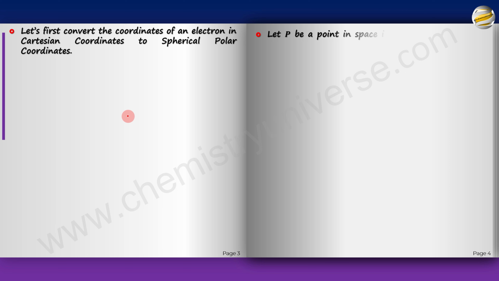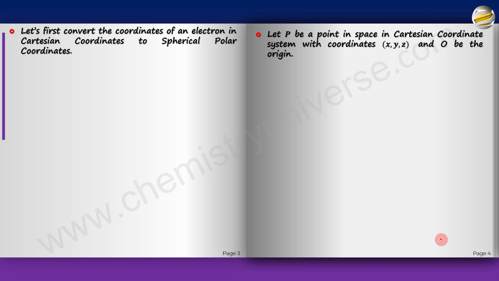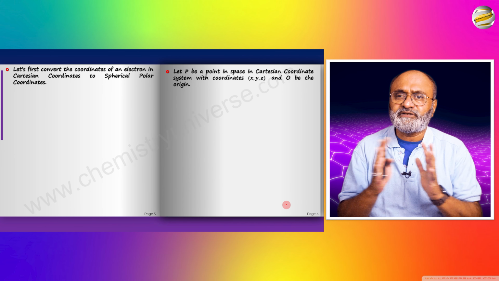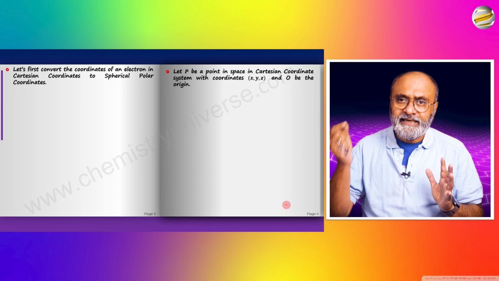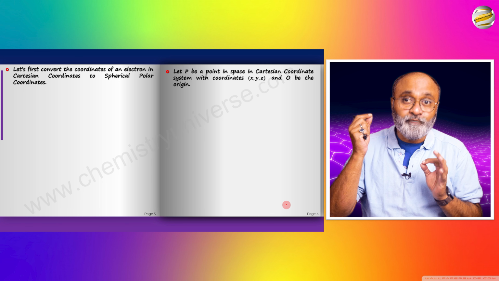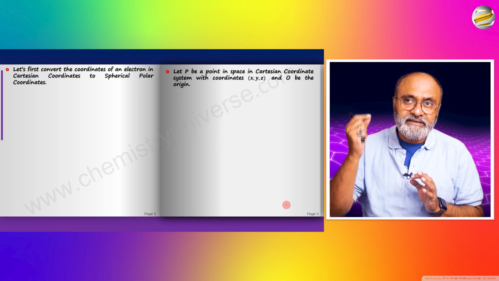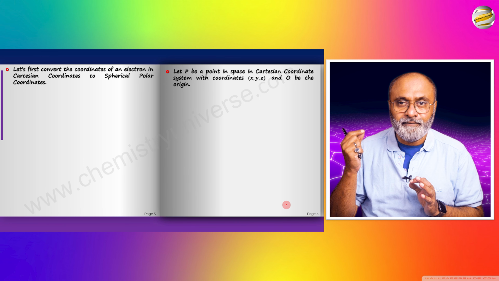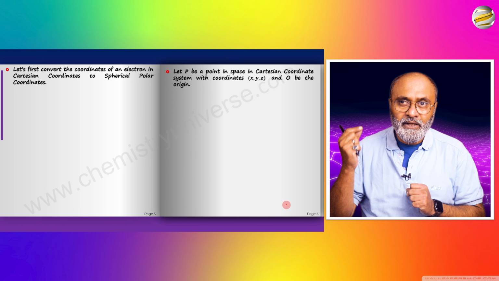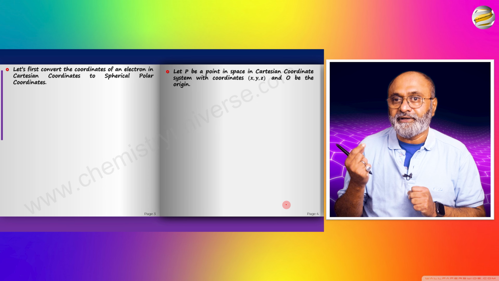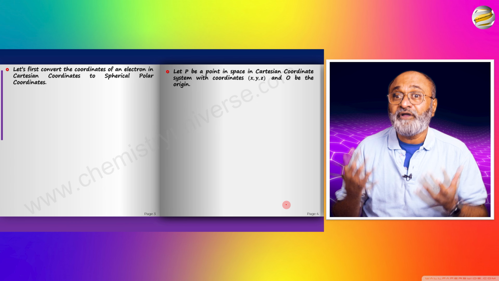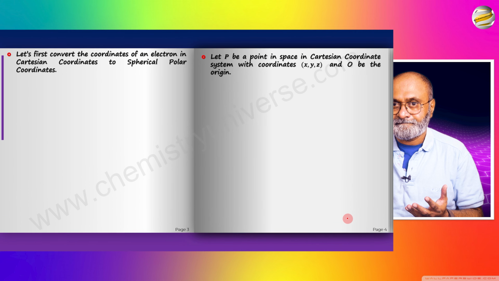So here I'm assuming P is the point in space in the Cartesian coordinate system with coordinates x, y, z and O be the origin. Let P be the location of the electron at any given point in time, and let us assume its coordinates are x, y, and z in the Cartesian system. We are going to convert this into its polar coordinate, and this is how we define those polar coordinates.